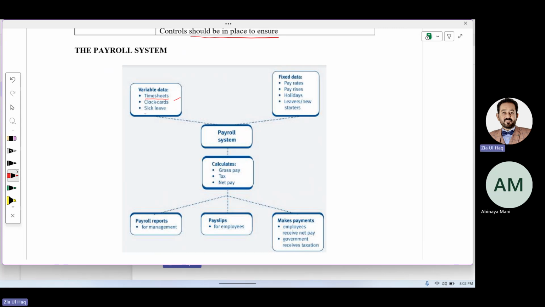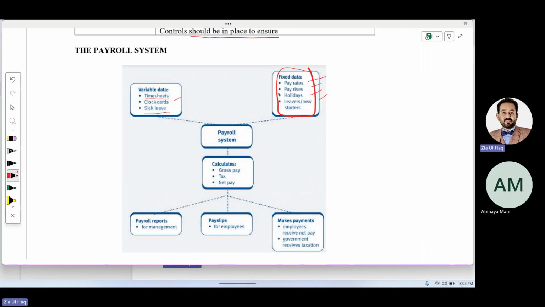And their sick leaves and holidays should all be recorded on time sheets. And the company needs to prepare a file for each employee. From that, we can obtain details of their pay rates, record their pay rises, and record their holidays, leaves, details, etc.